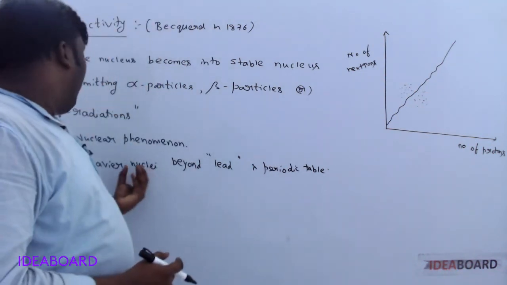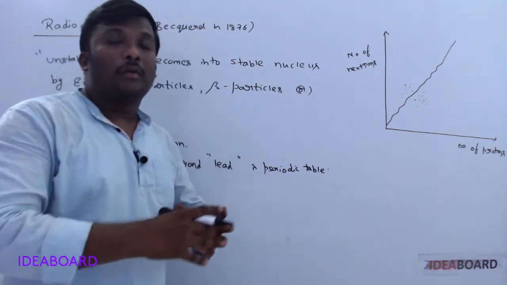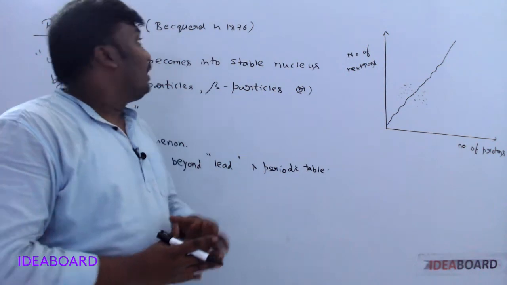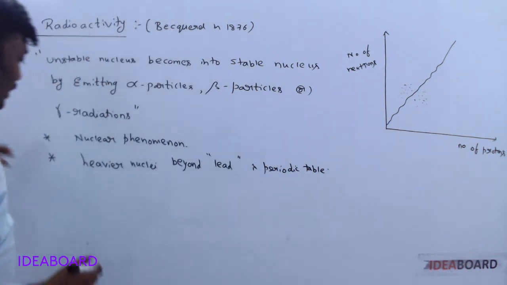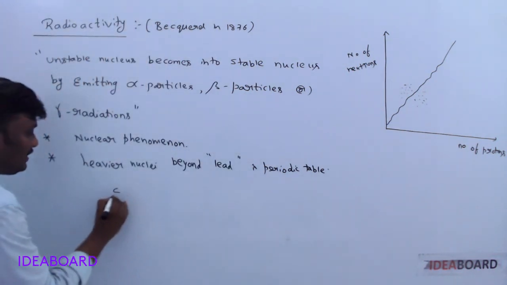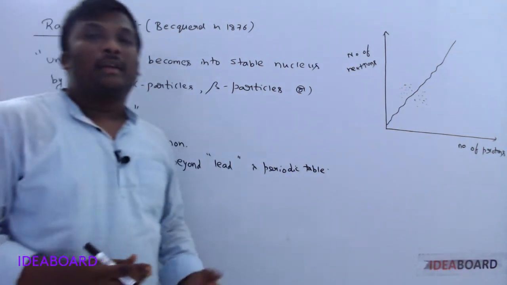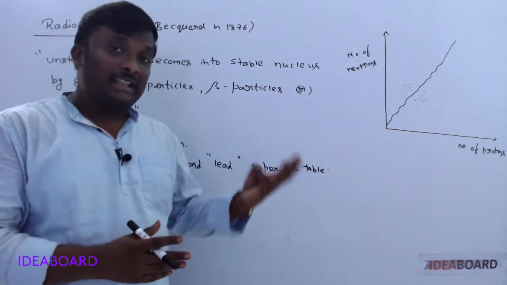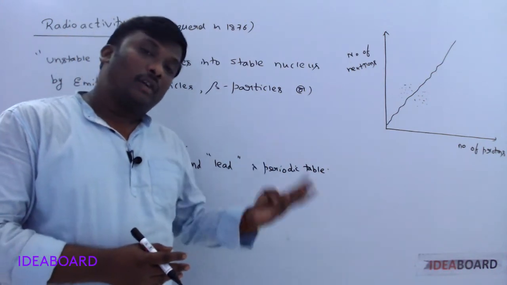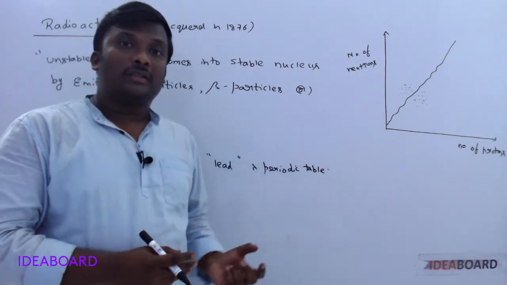Not only heavier nuclei, some lighter nuclei also undergo radioactivity. The best example is the C-14 isotope. Generally carbon is available as C-12, but it has three isotopes: C-12, C-13, C-14.